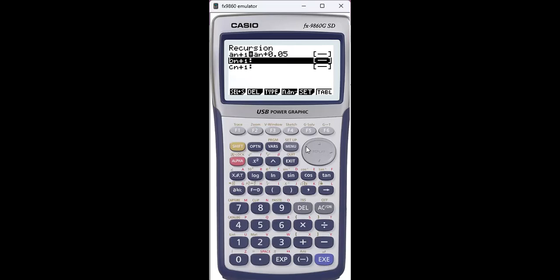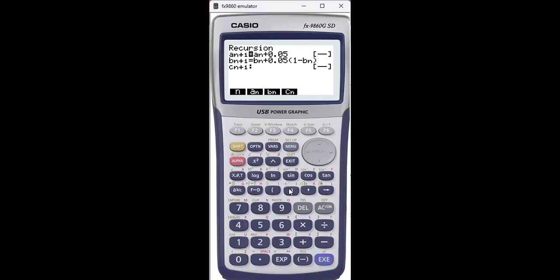Here you have to write bn plus, okay, what is this one? 1 minus. Wait a minute, we have to set the equation first: 0.5 times the bracket 1 minus bn.